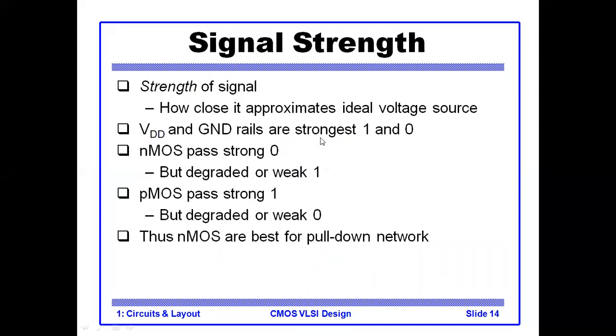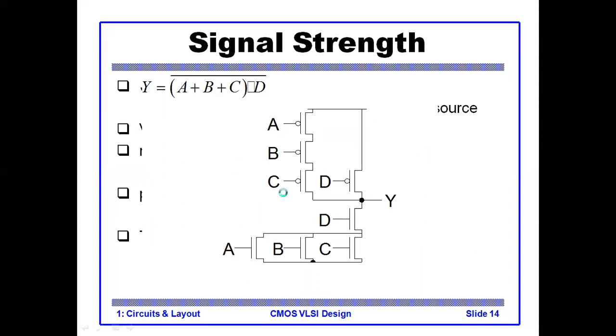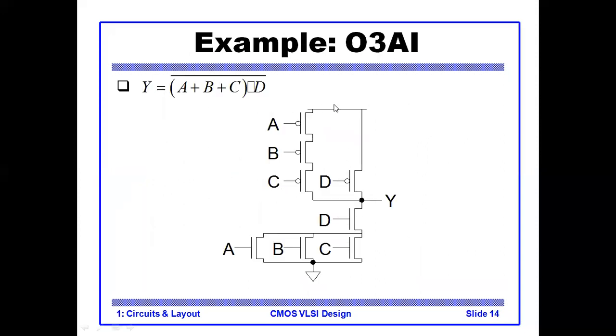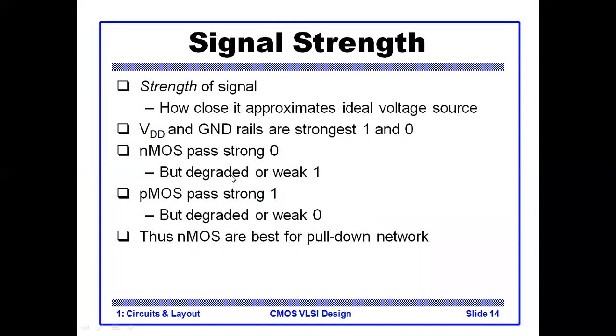If these are not strongest, what will happen? If all these transistors conduct but the voltage is not the strongest, the same degraded level will appear at the Y terminal, right? So these VDD and VSS should be the strongest 1 and 0.